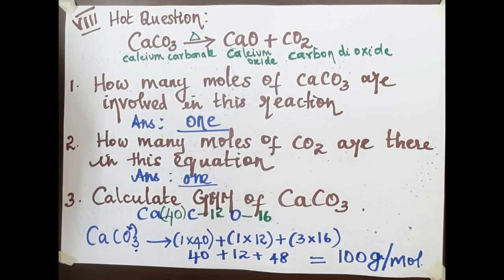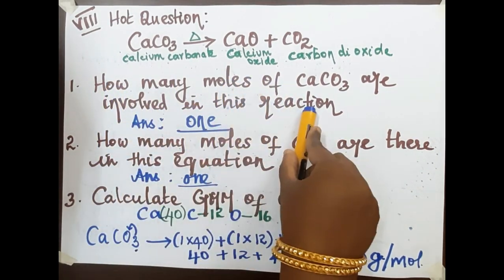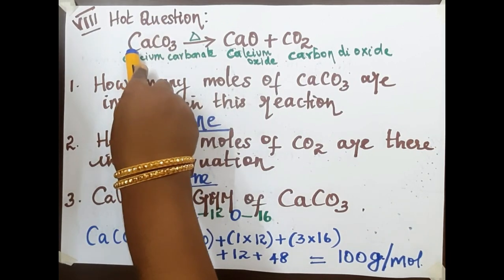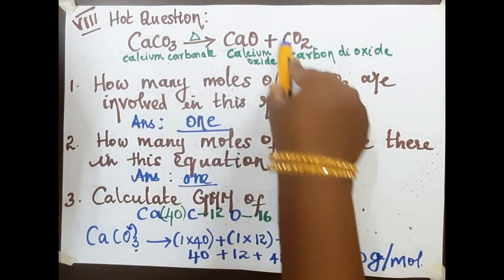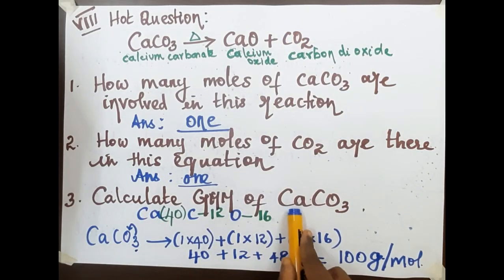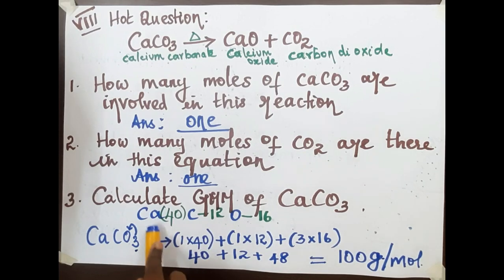Children, this is a 4-mark question. This is very easy. See here, how many moles of calcium carbonate are involved in this reaction? Only one. How many moles of carbon dioxide are there in this equation? Only one. How will you calculate the gram molecular mass of calcium carbonate? You have to know the atomic mass of calcium: calcium is 40, carbon is 12, oxygen is 16.